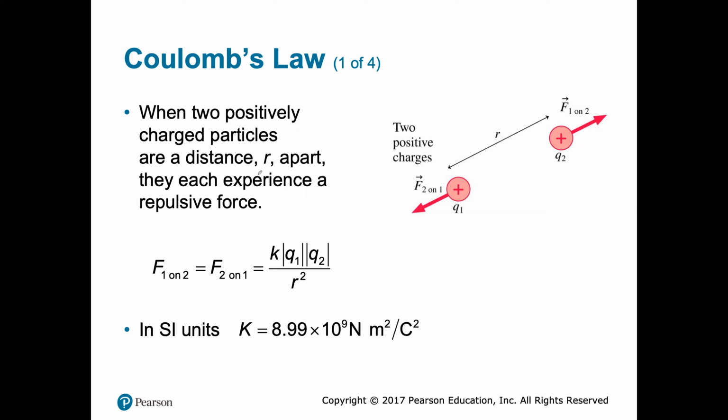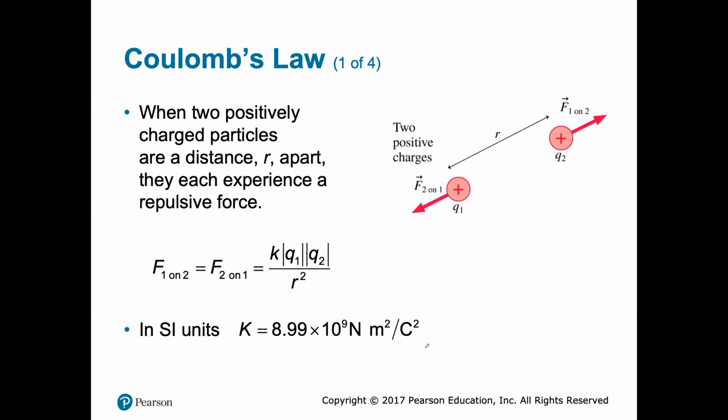Based on Coulomb's law, the magnitude of the force between Q1 and Q2 can be calculated by k times Q1 Q2 over r squared. Q1 and Q2 are the charges on charge 1 and charge 2, r is the distance, and k is a constant. In SI units, k equals this number.